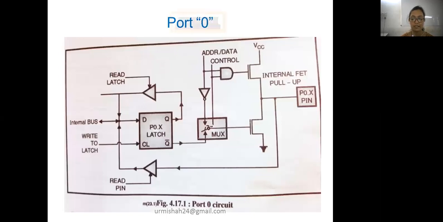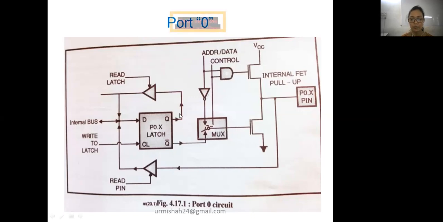This is the internal circuitry of port 0 of 8051 microcontroller. It consists of buffers. These are buffer gates which are used for read latch and read pin. This is a D flip-flop. The D flip-flop's role here is that it will simply transfer whatever input you are giving to the output Q. This is an inverter circuit. This is a multiplexer.